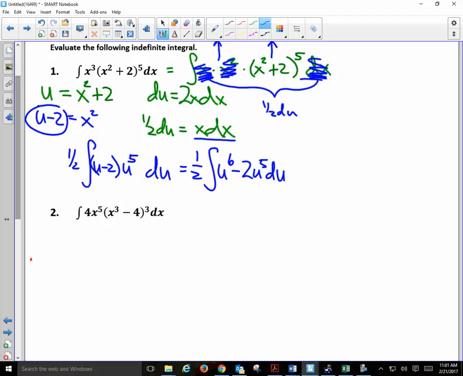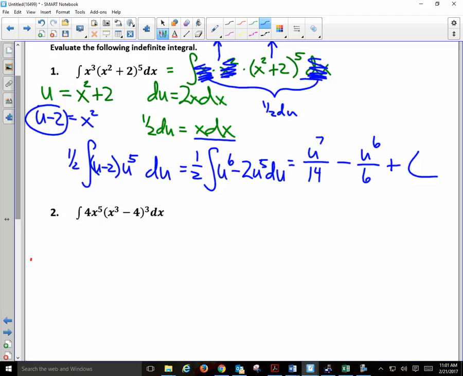U to the 7th over 7, so multiplied by 1/2, we would have u to the 7th over 14. Minus 2u to the 5th, the antiderivative is u to the 6th over 3 multiplied by 1/2 would be u to the 6th over 6 plus a constant.